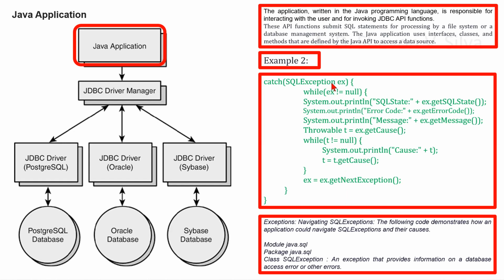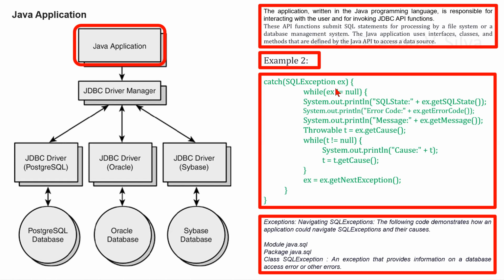The class SQLException in package java.sql in module java.sql, an exception that provides information on a database access error or other errors. It is possible that during the execution of a SQL statement one or more exceptions could occur, each with their own potential causal relationship.